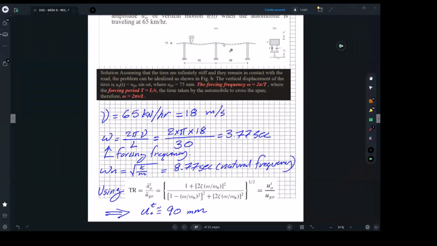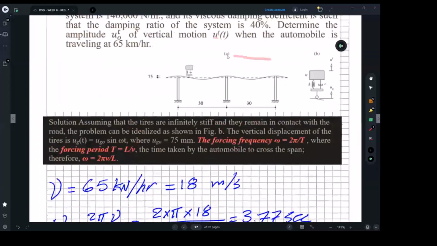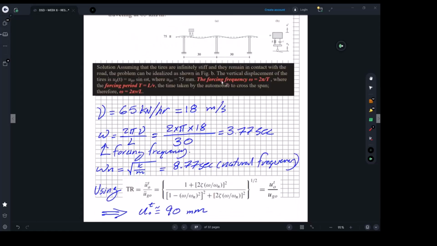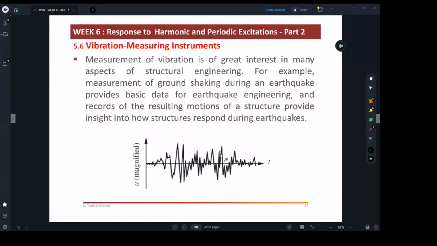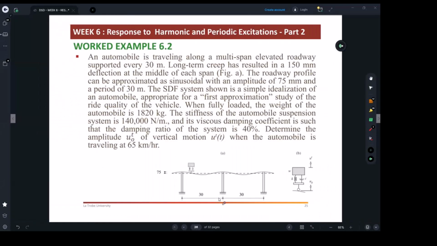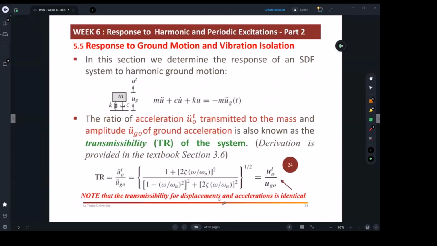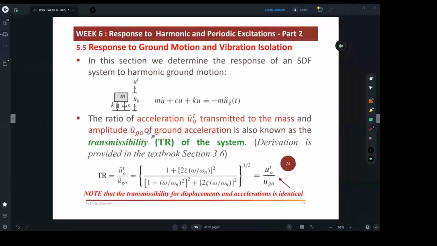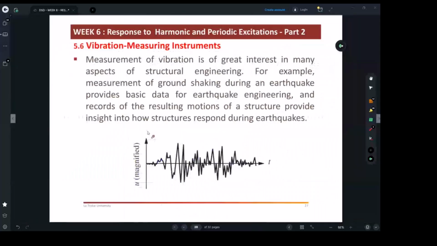We do have other questions that will let you think about more parameters that you will see in the workshop questions. So that's just a direct application of the transmissibility equation, which is again coming from the free body diagram and also the harmonic motions we have on such a system.